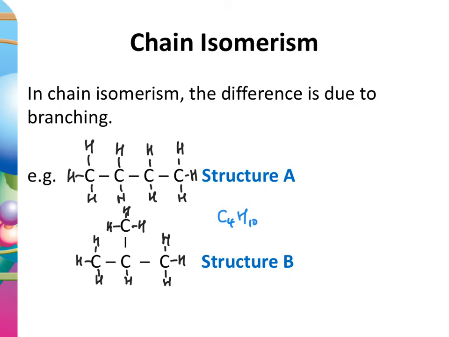Structure A is butane, and we can see that we can have 4 consecutive carbons in our chain. Structure B is methylpropane, and the maximum we can do is 3. So they have the same molecular formula, but due to branching, the atoms are joined together differently. And so we have, in this example, structural isomerism, and specifically chain isomerism.